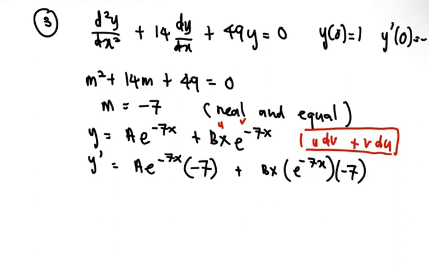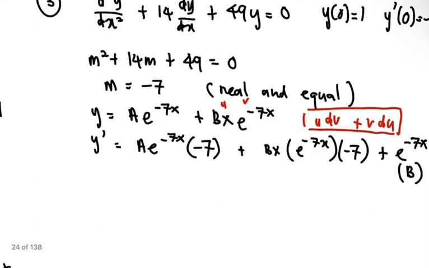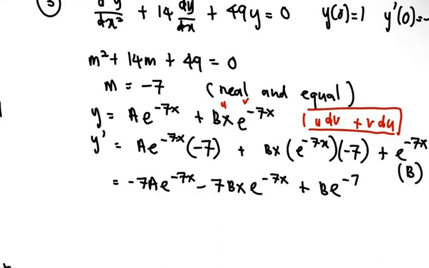So this is u dv plus v du. So v is e to the minus 7x. du is bx differentiated with respect to x, so you get b. So we have minus 7a e to the minus 7x plus minus 7bx e to the minus 7x plus b e to the minus 7x.